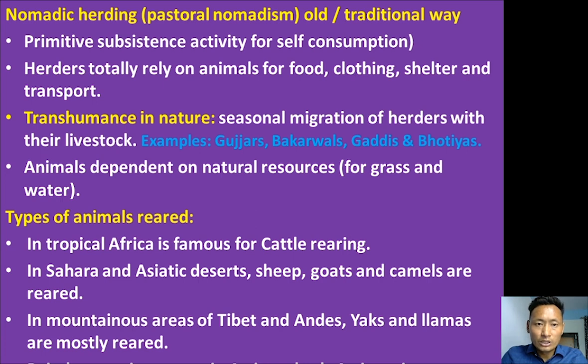For example, in the Himalayan region in India, the Gujars, Bakarwals, Gaddis, and Bhodiyas. These tribal people are engaged in nomadic herding, and they are practicing transhumance. That means they are moving on a seasonal basis in order to get better grass and water for the animals.